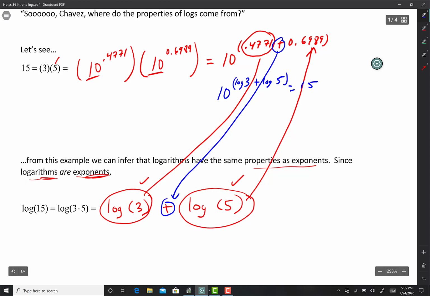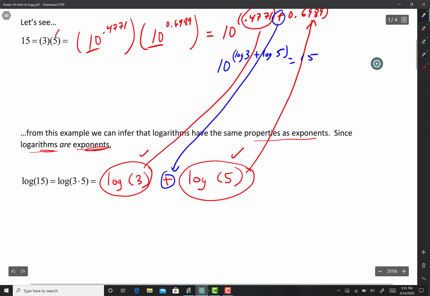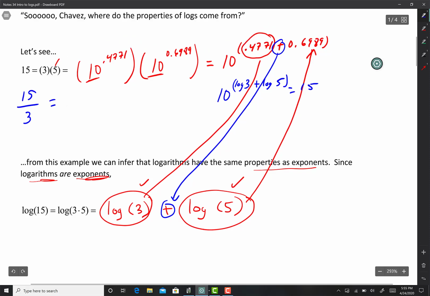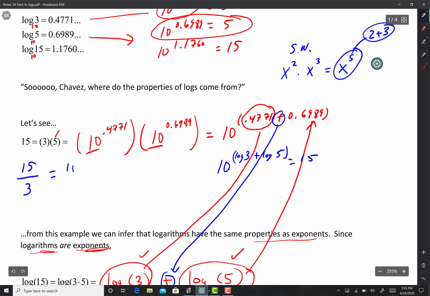So hopefully you can see logs are just like exponents, guys. The properties for logs follow the properties of exponents. So if I have something like 15 divided by 3, well, the 15 is the same thing as saying 10 to the power 1.1760 divided by 10 to the power 0.4771.